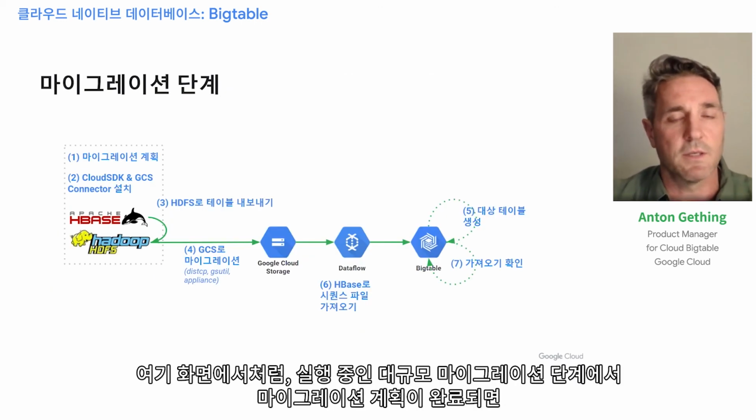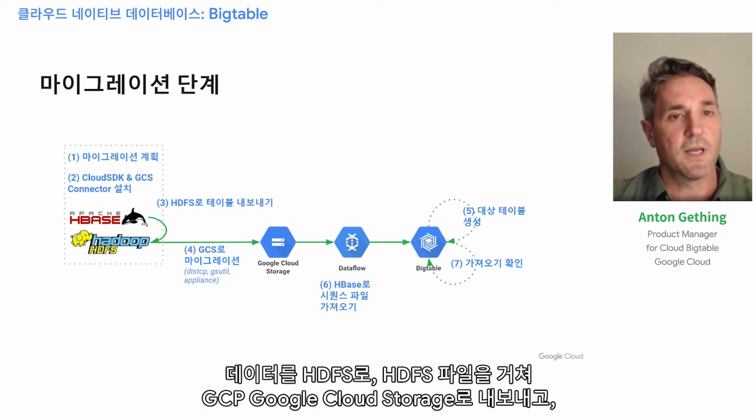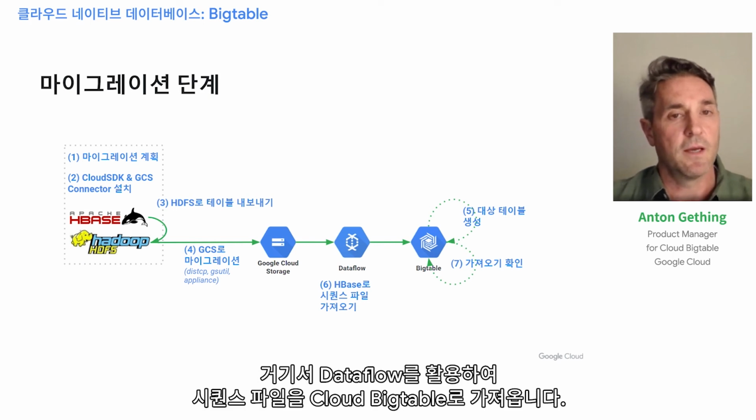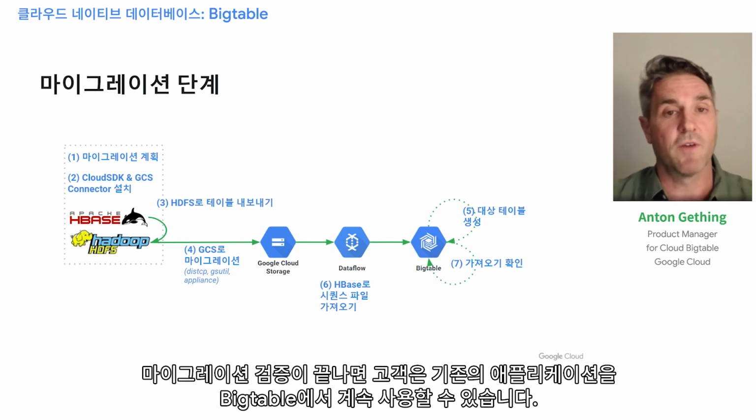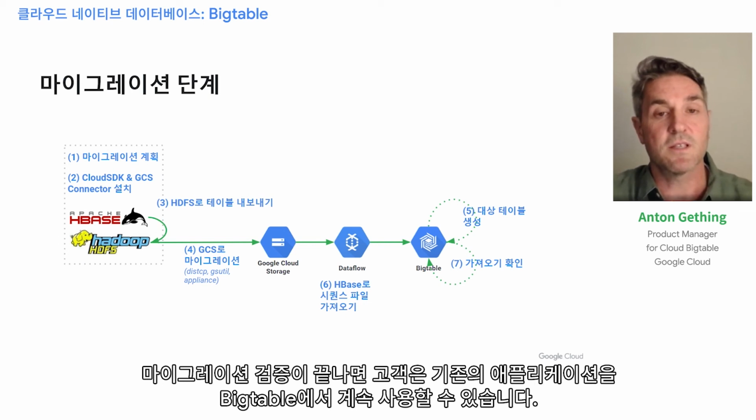So here, just the migration steps in action. Once the migration has been planned, export the data as HDFS files into GCS, Google Cloud Storage. From there, leverage Dataflow into Bigtable. Once the migration has been verified, the customer can continue to use their existing application on Bigtable.